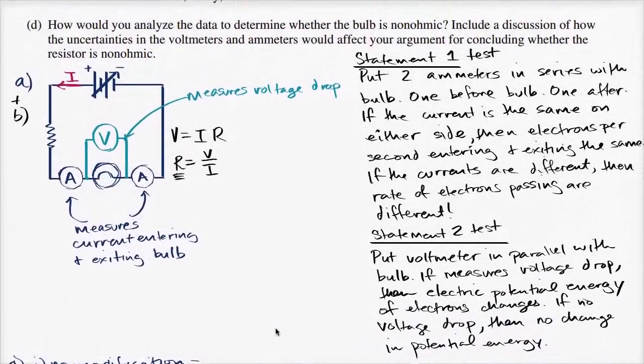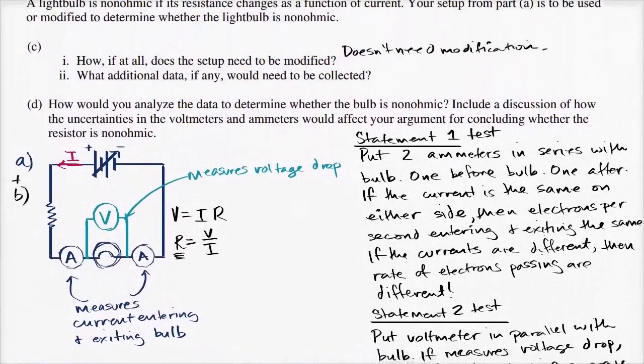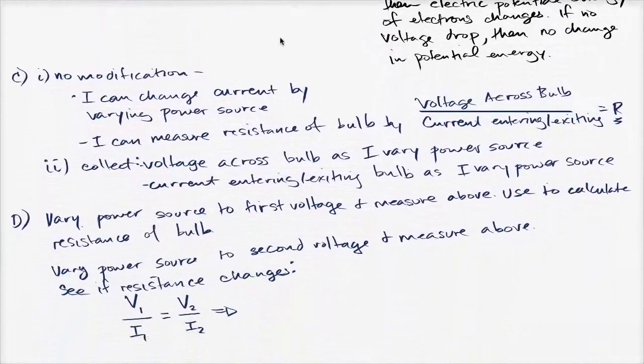Non-ohmic is when the resistance does change. Otherwise, if V1 over I1 does not equal V2 over I2, then we are non-ohmic.